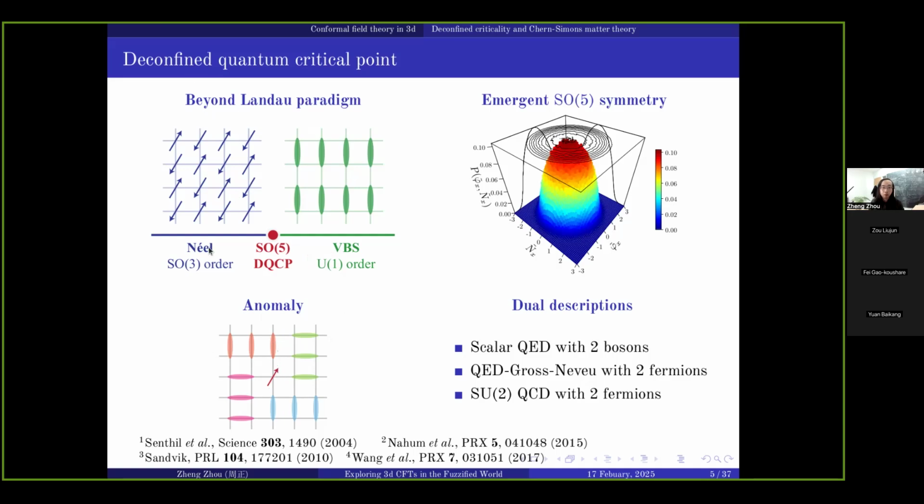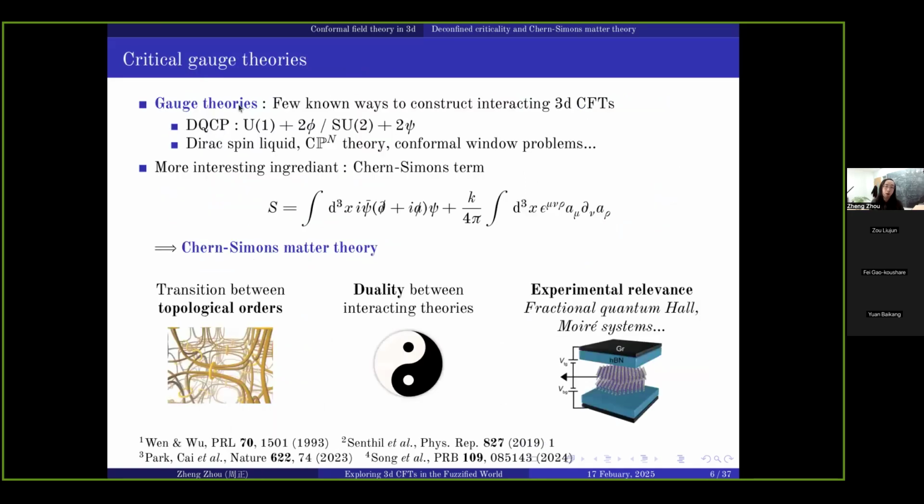So this deconfined criticality is known to have many dual descriptions. For example, there is the scalar QED with 2 flavors of bosons, or SU(2) QCD with 2 flavors of fermions. If we look closer at these descriptions, one common thing is that they are constructed using gauge fields.